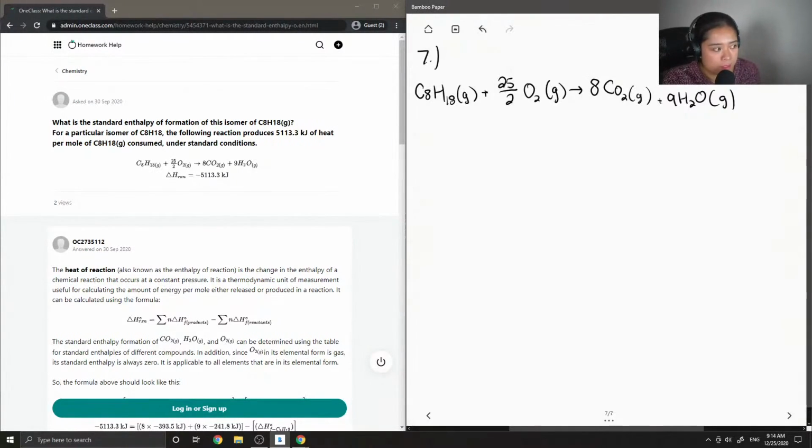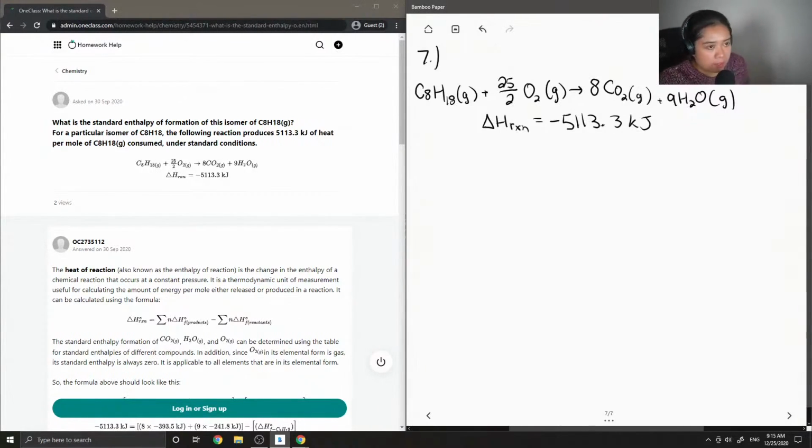Okay, so they also give us the delta H of the overall reaction, which is negative 5,113.3 kilojoules.